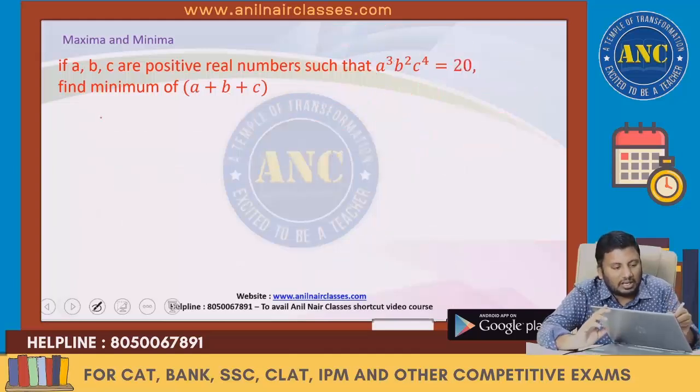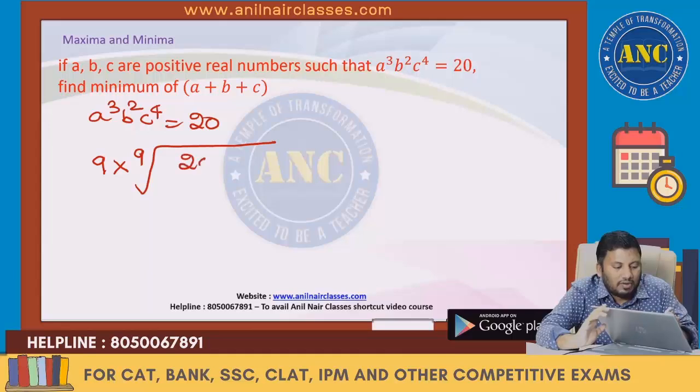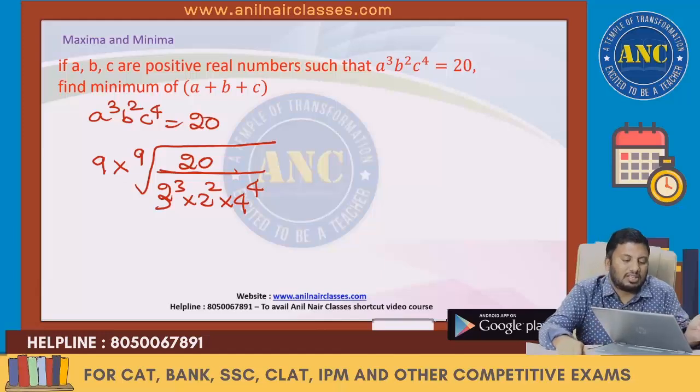Now see here, a cube b square c power 4 is 20. Totally how many values are there? 9. 9 means I will get ninth root. Value is 20. Assign the powers to the variables: 3 cube into 2 square into 4 power 4. Try to solve it, you will get the same answer. I hope the idea is clear.